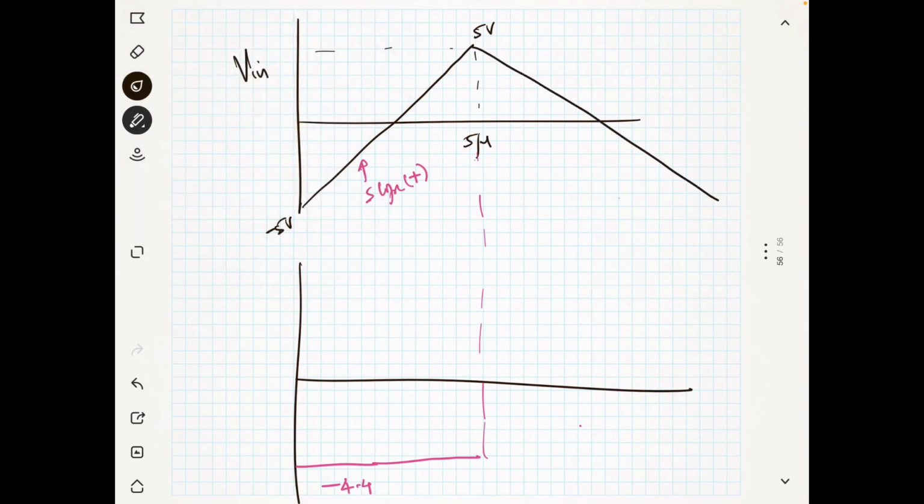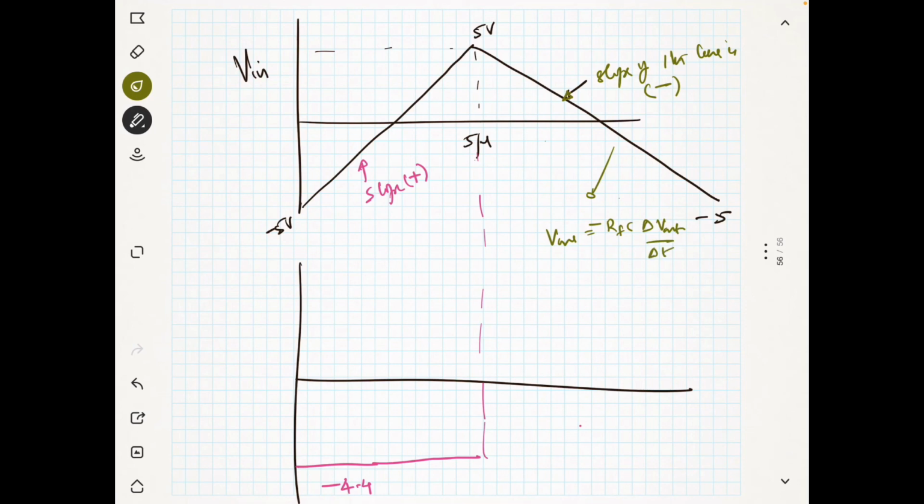Now the input is decreasing to minus 5. You see the slope of this curve is negative. It is decreasing. So what output can you expect? V out is equal to minus Rf into C into delta V in by delta t.